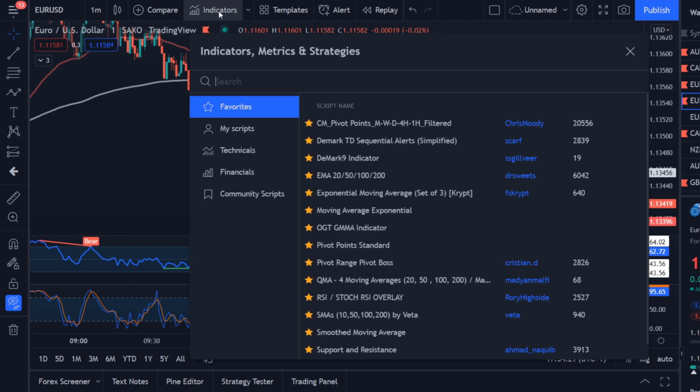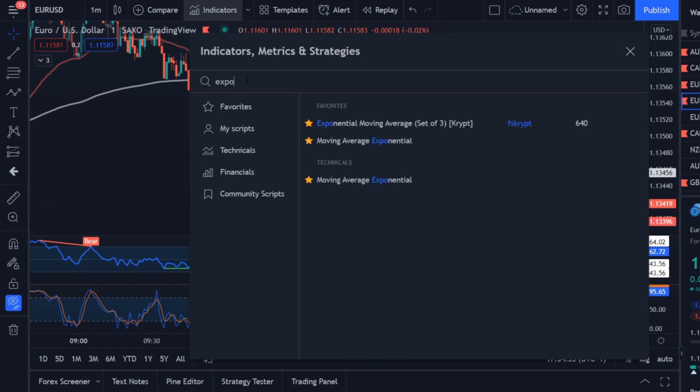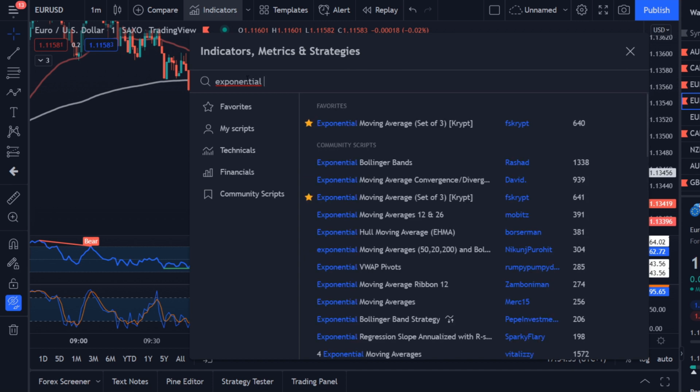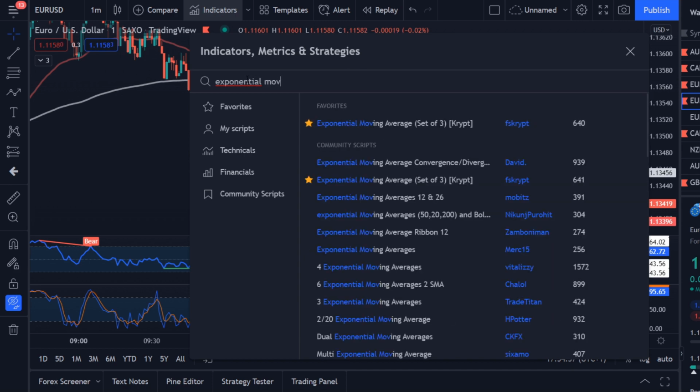You go to indicators and then you look for exponential moving average. So over here I'm using this one, set of 3 by FOREX. Why? Because if you use the free plan, you can use up to 3 indicators for free.